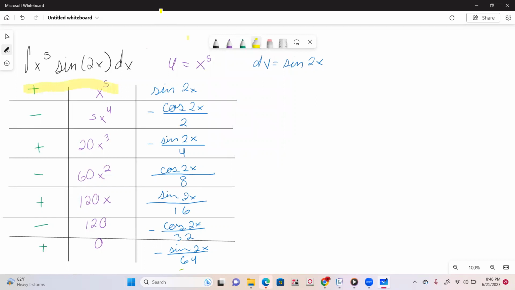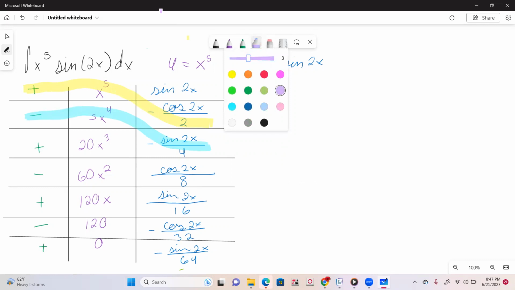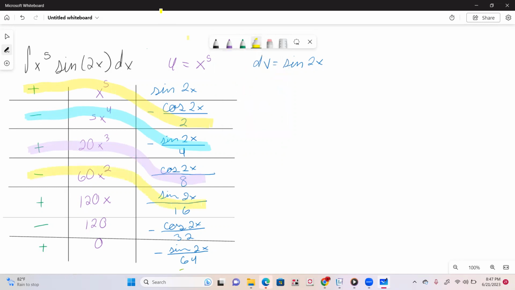You multiply them together like this. I'm going to do a few different colors just to make it very clear what I am multiplying together. So whatever's highlighted, we are multiplying together.